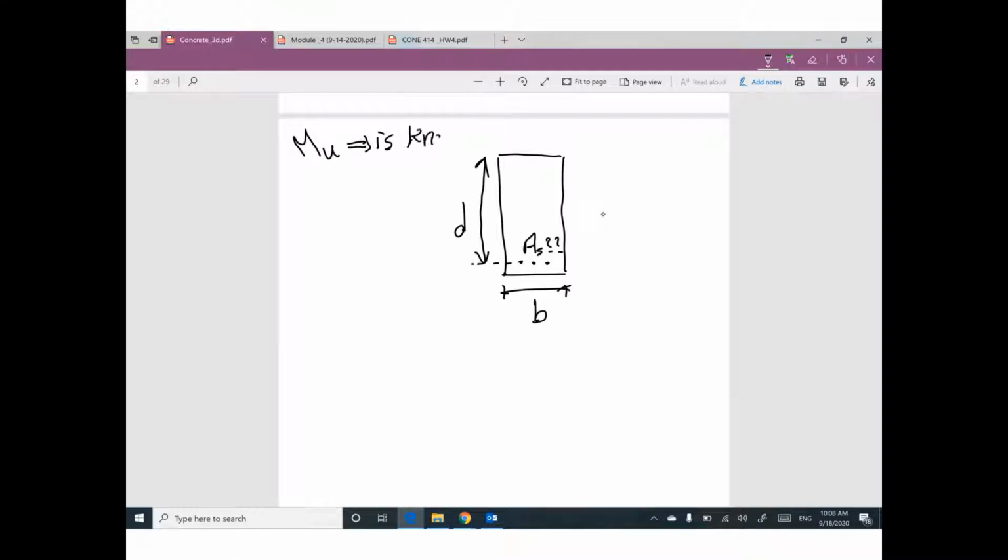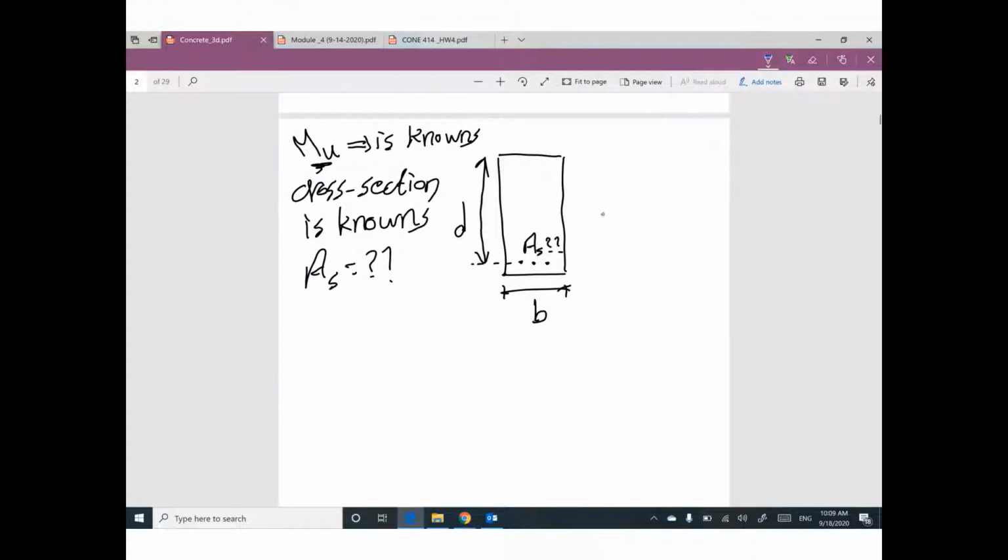I can figure out the value of M ultimate. The cross section is known. I can figure out the cross section. But the issue is I cannot figure out the area steel, and I don't like to use a table. Can I get the area steel? Yes, you can. Very simple. Very simple.